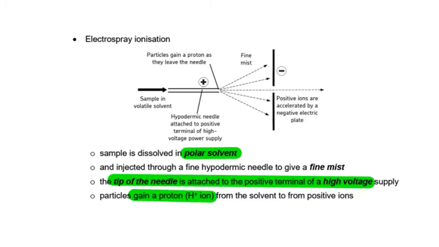So we're going to take our M and add a proton to make MH+ ions. So the mass of these ions isn't going to quite be the mass of our molecule because we've added a mass of 1, but this is going to make it a positive ion.